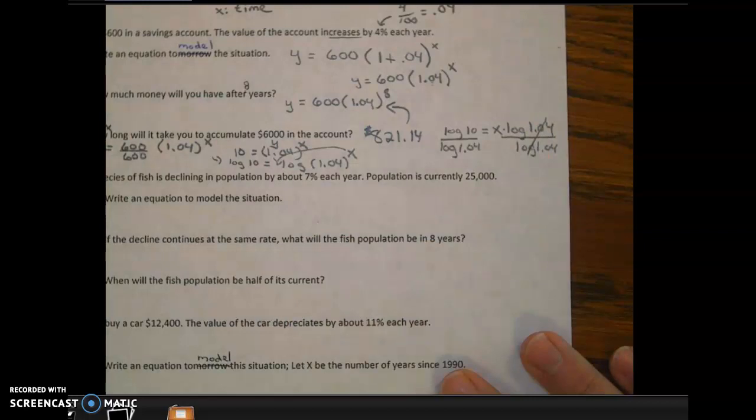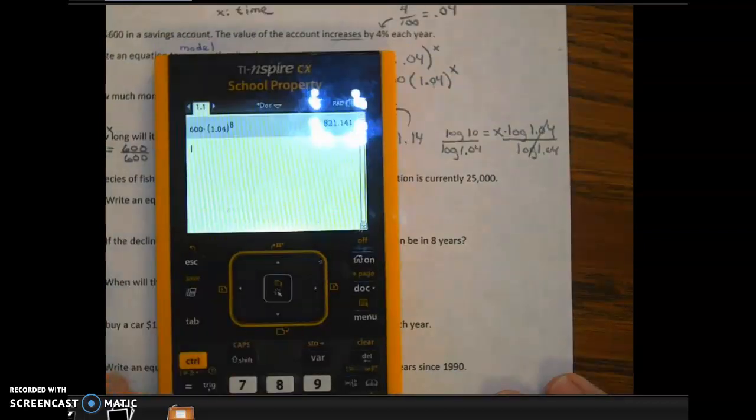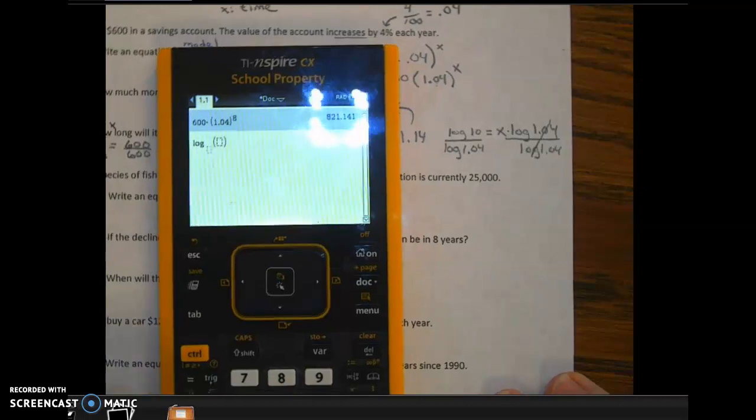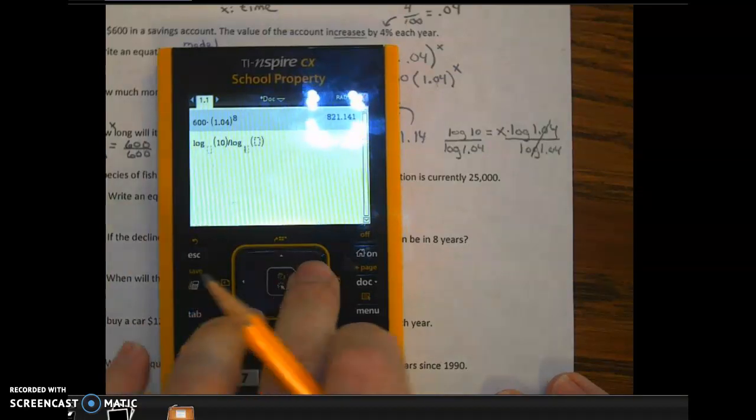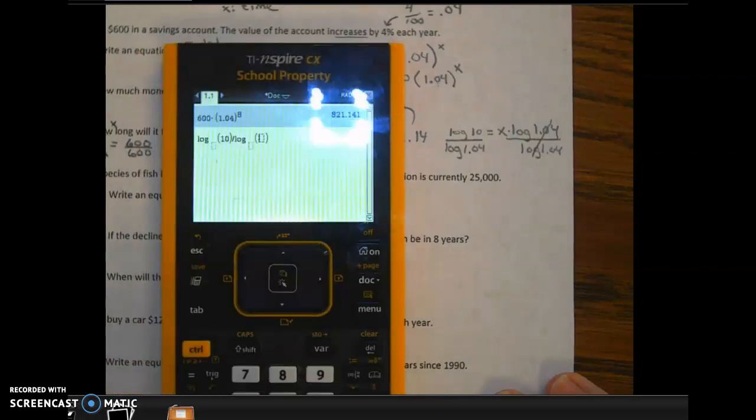Okay, so taking our calculators, control log, it's going to be base 10, divided by control log, base 10 again.